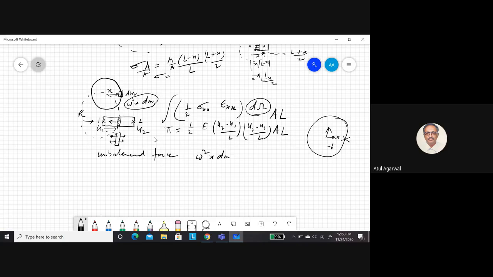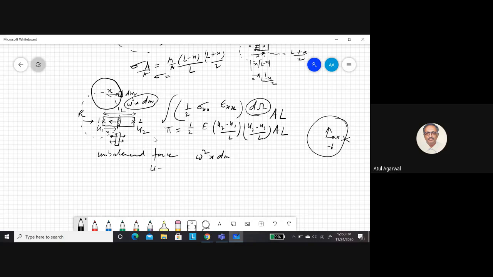This distance is x, total length is L. Can you tell me the displacement of this element? x by L times u2 minus u1.